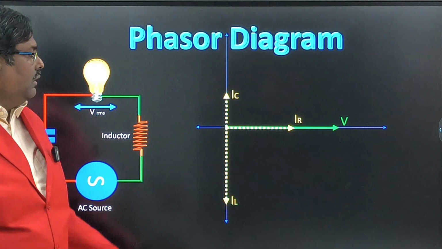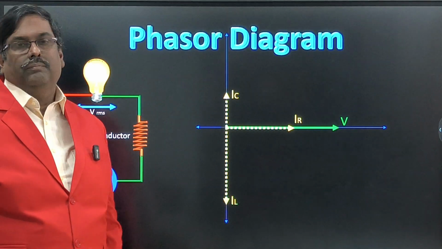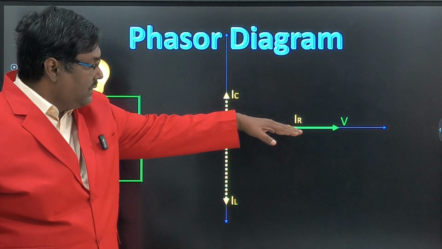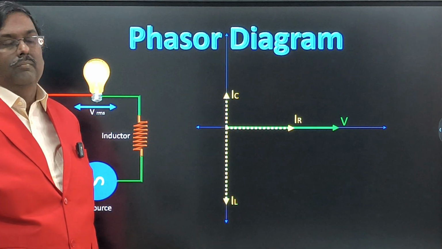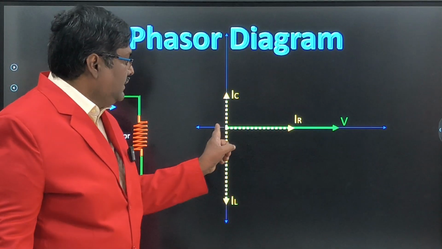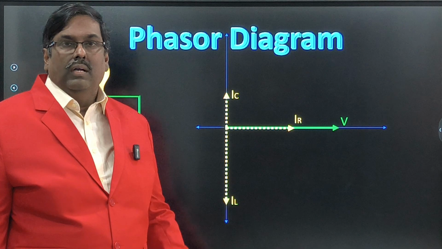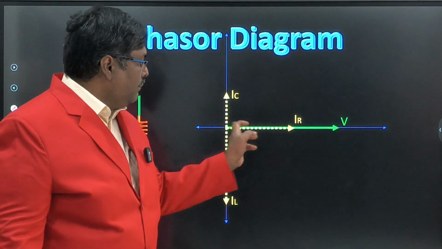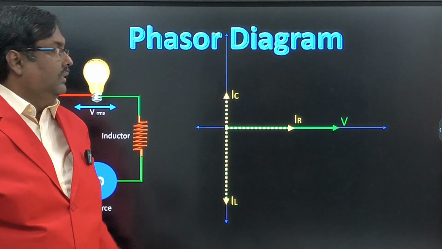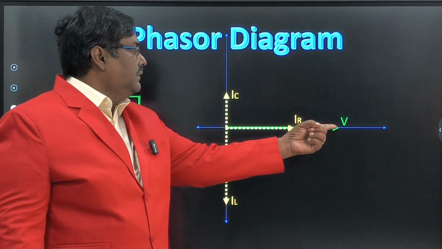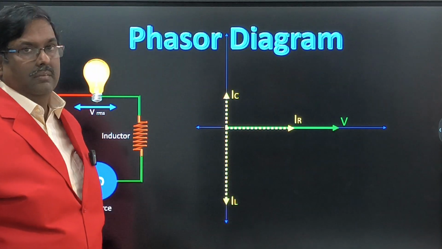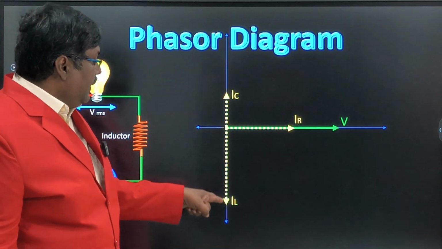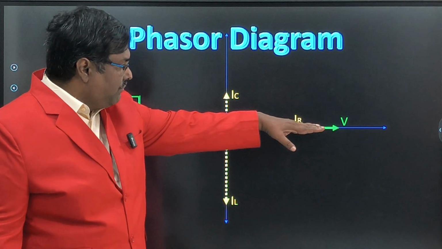Pure inductive load will be in the downward direction because this is the voltage, and the current will be lagging. This is the voltage curve. Okay, the resistive load is in phase, there is no lagging, so I put it in the same direction. This is the resistive load current and this is the voltage. Voltage is common for all three currents. Now the inductive load is 90 degrees lagging from voltage.